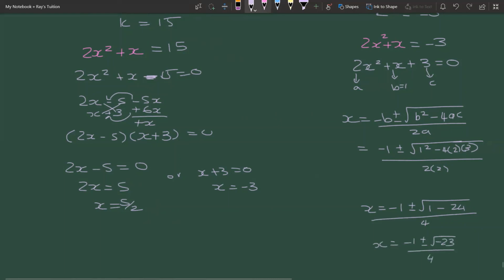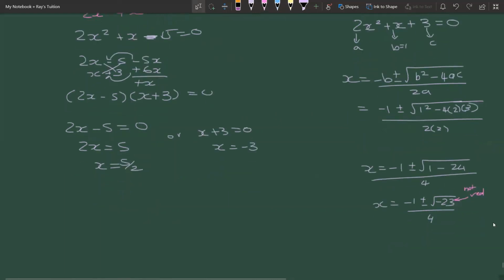Now, when you see a negative under a square root, that's when a little bell should go off that this is not real. So this part gives us no real solutions. So the first part of our equation gave us two answers, and the second part gave us no real solutions.